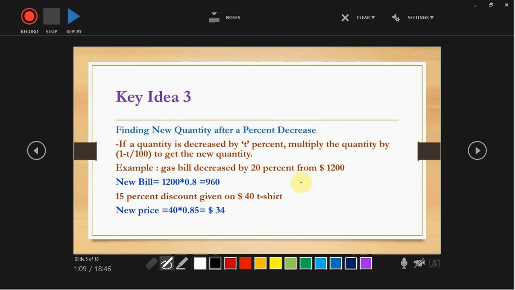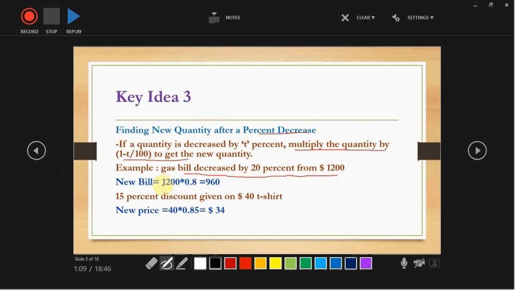Now we go to key idea 3. This refers to finding the new quantity after a percent decrease. Following the same logic, to find the number after a certain percent reduction, we multiply the original quantity by 1 minus T over 100. For example, a gas bill decreased by 20% from 1200.